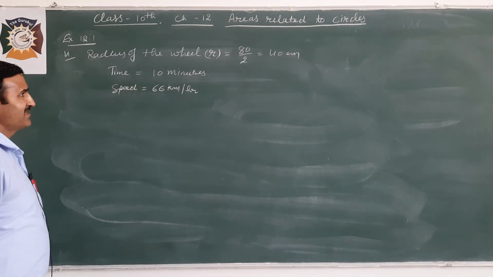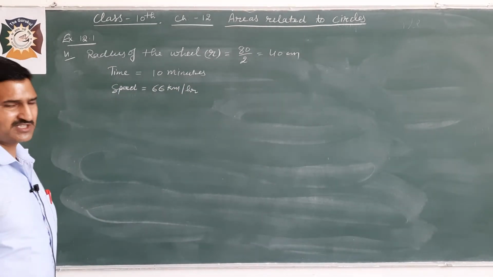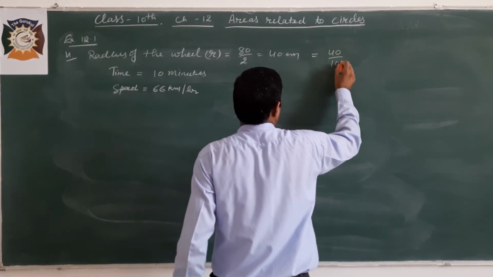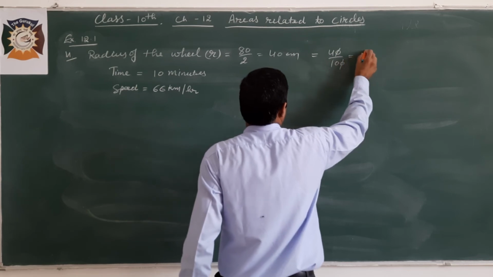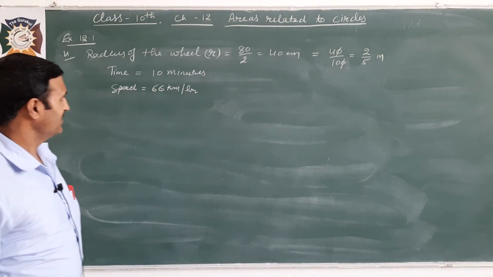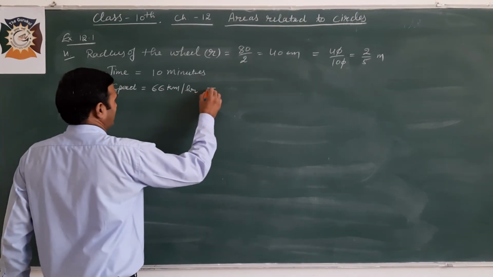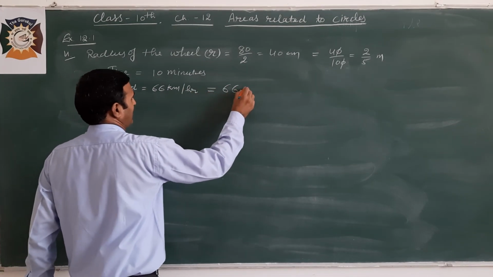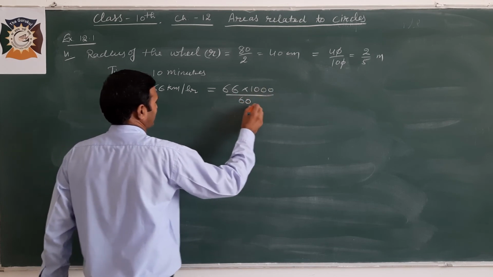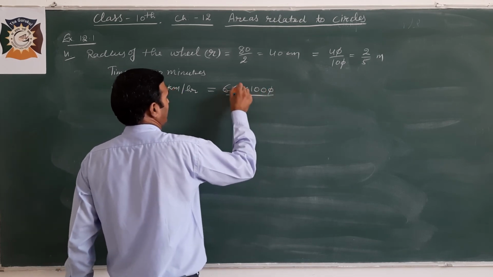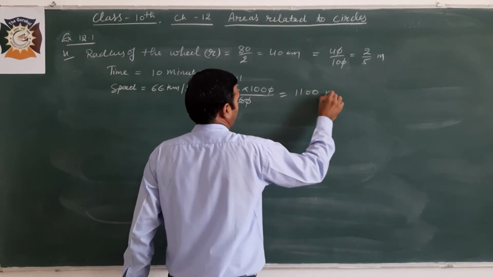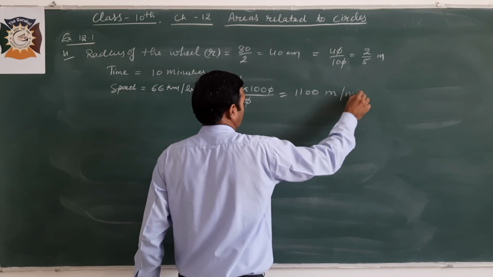Time is given in minutes and radius is given in centimeters. I'll change this into meters, 2 by 5 meter radius. I'll change this speed into meter per minute, that is 1100 meter per minute.